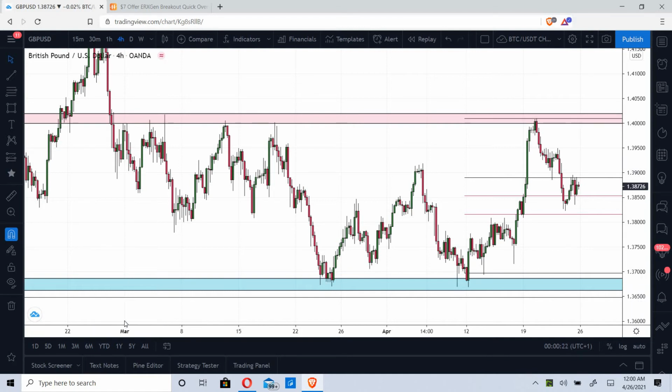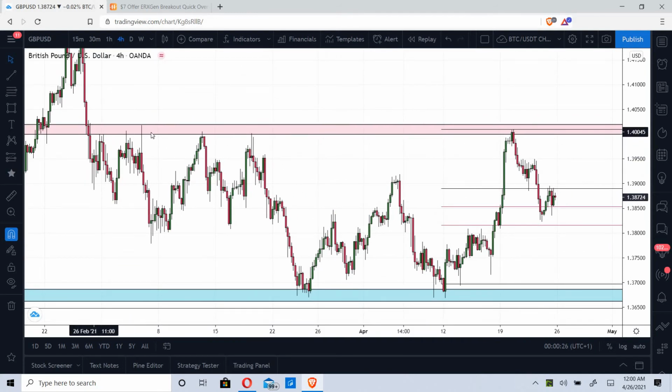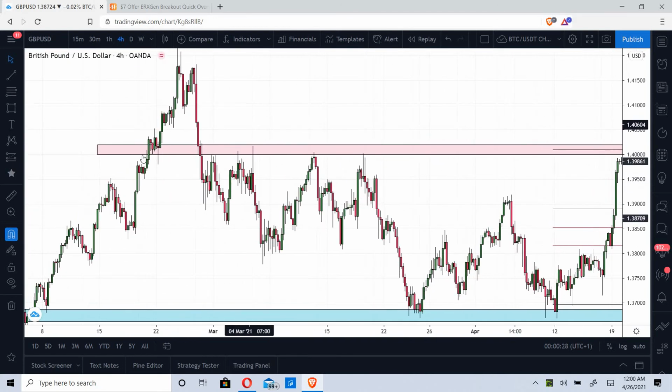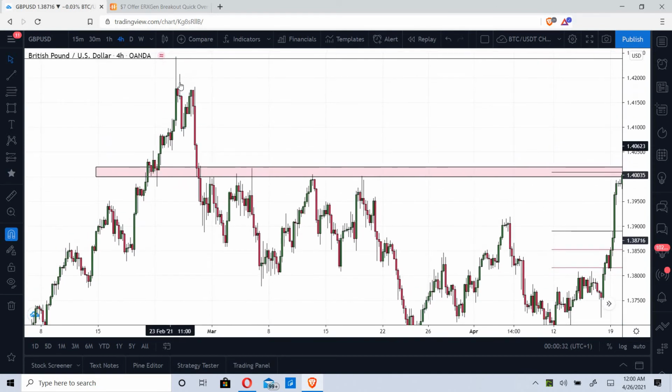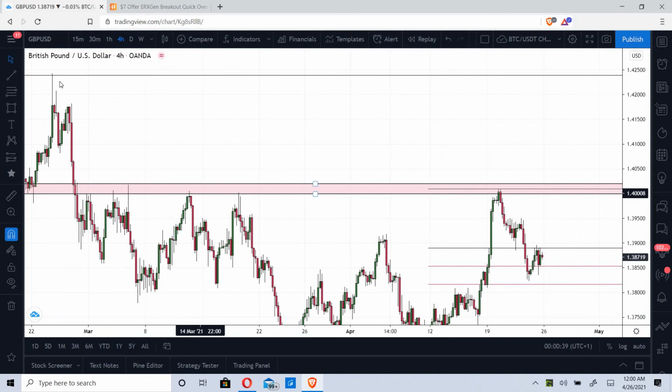It only broke this level in February, but it didn't go far. It still came back here to continue to test the level. So this level is key for us.